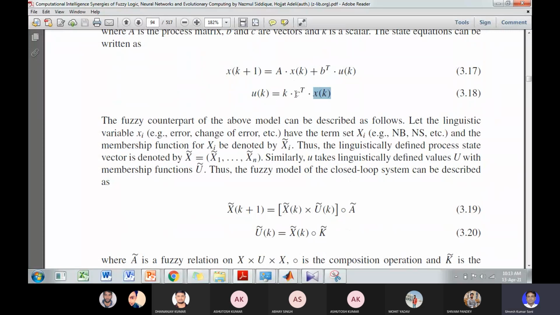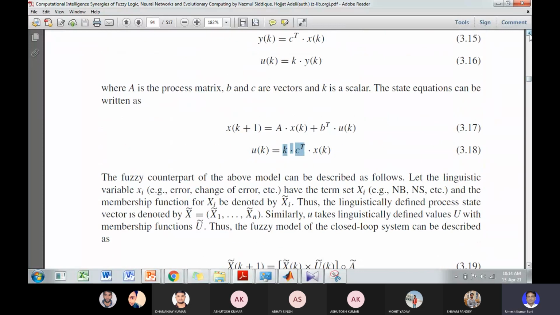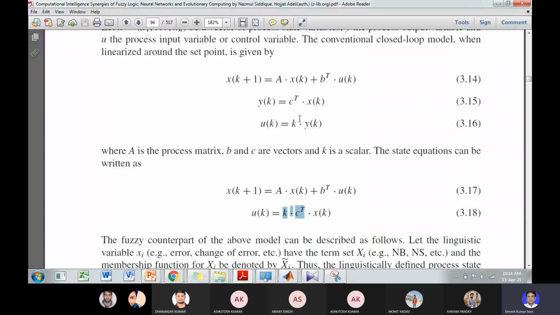The control input is k c transpose xk, which is related to this equation, because yk is c transpose xk, where c is the transfer matrix, and here in place of yk you put the value from equation 3.15.